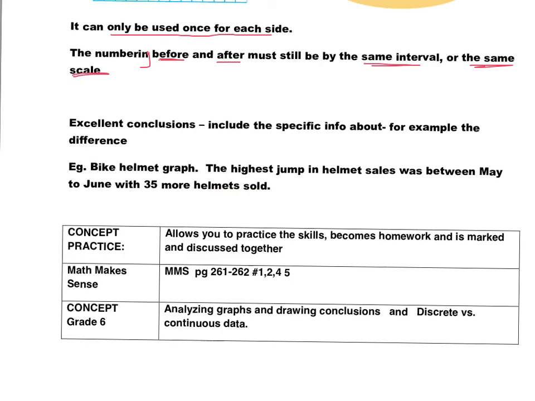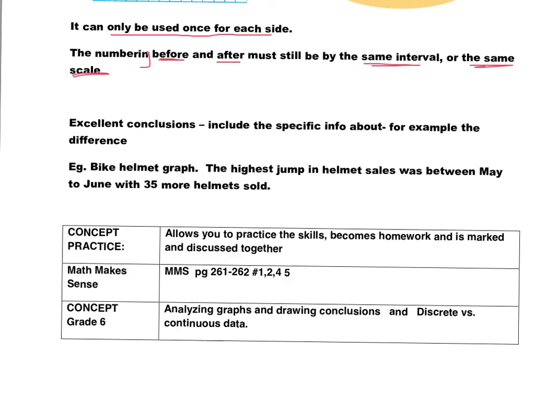All right, you're on your own to be making graphs and then analyzing them. Page 261 and 262, numbers 1, 2, 4, and 5. Remember when graphing to use all of the points we've talked about, numbering the lines, remembering all of the titles, making sure it's on graph paper, and so on. And when you're drawing conclusions, work to make them excellent conclusions with specific information in them.